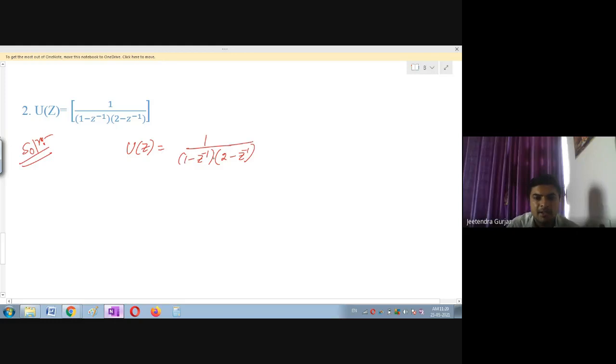So I cannot take here directly the z transform because this must be simplified in the simplest form. So I will just modify this question, student. So I will take 1 divided by 1 minus 1 upon z. Here I will take 2 minus 1 upon z. Okay, this is fine. Now I will take the LCM here.